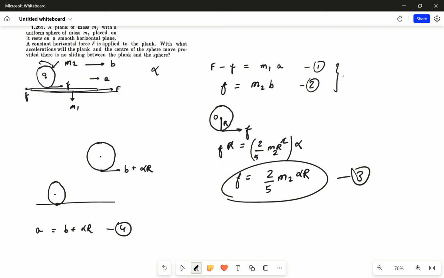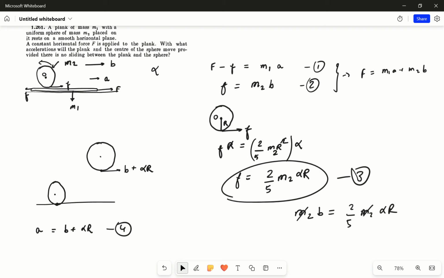From equations 1 and 2, what we can write is capital F is equal to m1 a plus m2 b, right? Now we have to solve these equations, and we will get the final answer. What we can do is equate equations 2 and 3 by writing m2 b equal to 2 by 5 m2 alpha r.